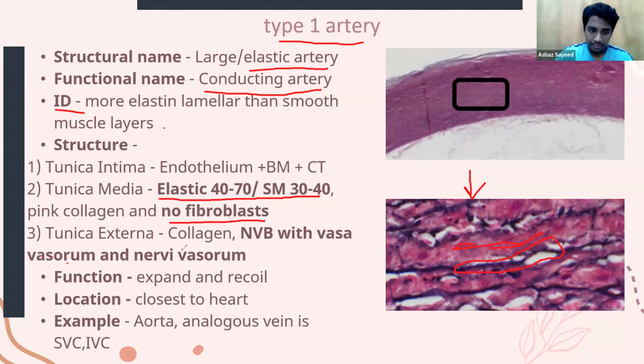Now the tunica externa, the outermost layer, has collagen. And it has nerves and blood vessels, the neurovascular bundle, NVB, with vasa vasorum and nervi vasorum. Now, what are vasa vasorum and nervi vasorum?